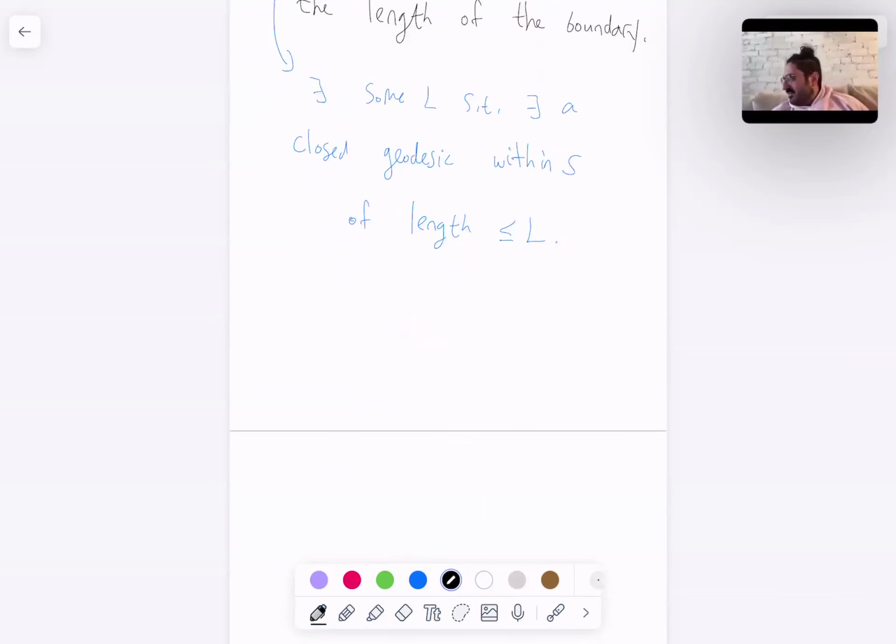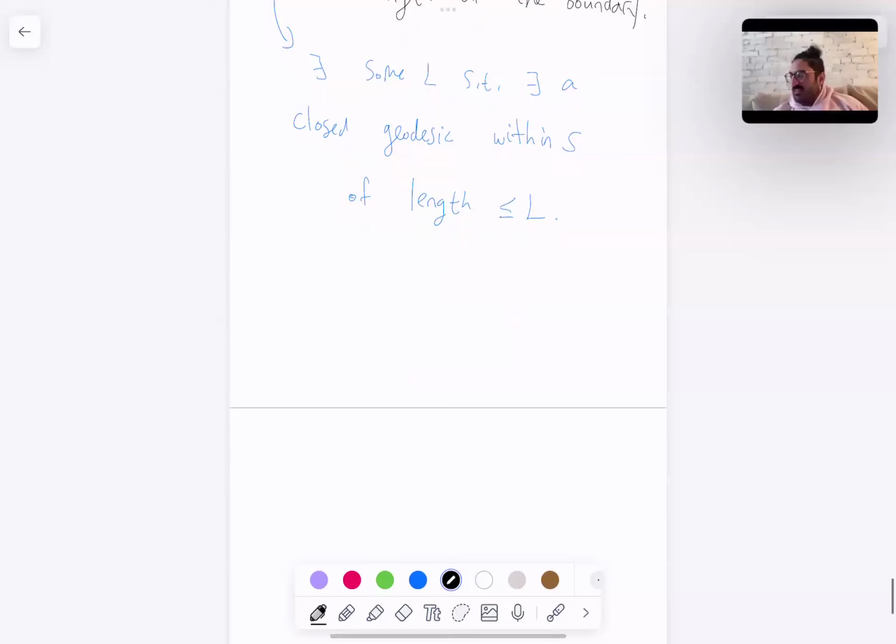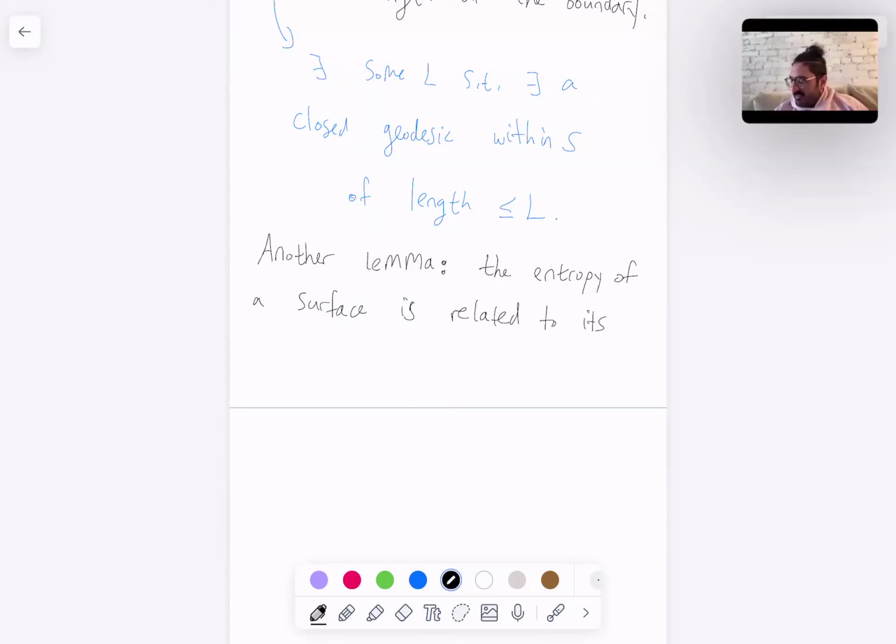So finally, what I'll just say is that another lemma that I won't prove, but that I hope is believable to you, is that the entropy of a surface is related to its Bers constant.